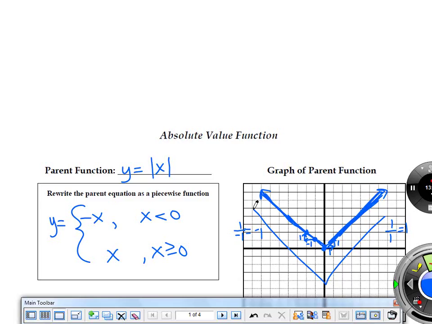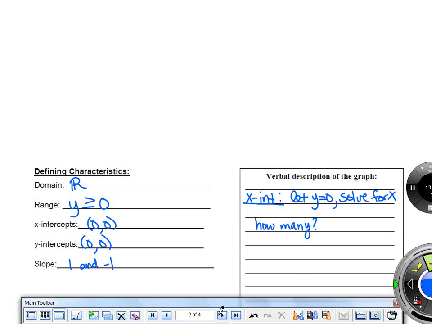And in this case, if it's facing upward, rather than moving it down to see 2 x-intercepts, we could move it up, and we would see no x-intercepts. So for x-intercepts, a couple different things can happen. We could have none, we could have 1, and we could have 2. And it's all going to depend on whether the v is opening up or down, and then where your k shifted your graph, so if it moved up or down on the graph.